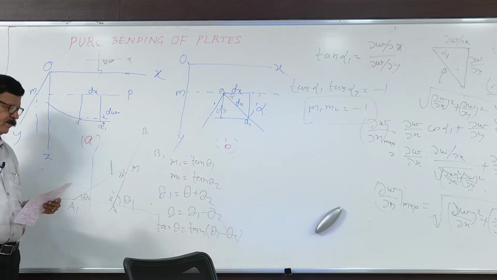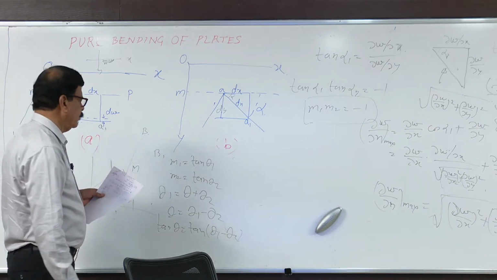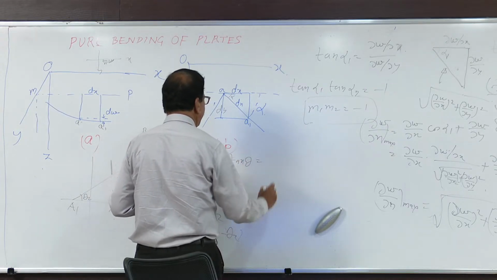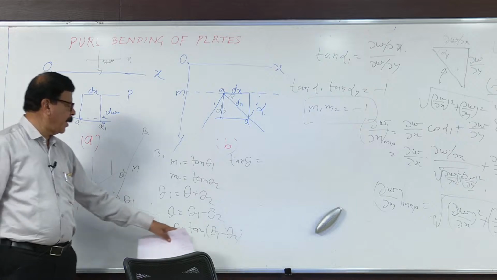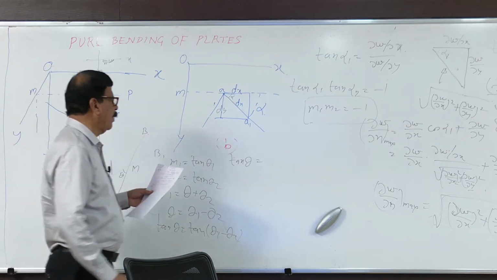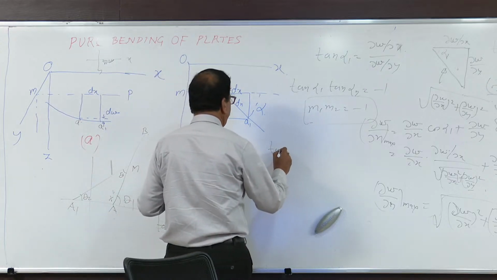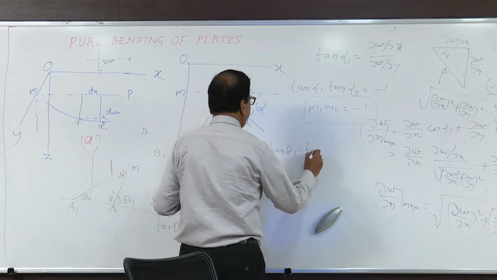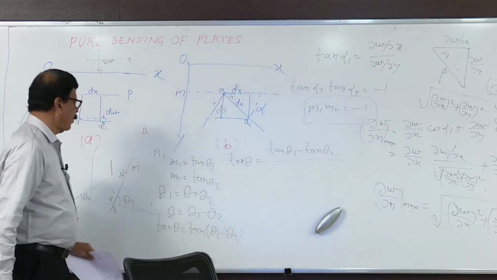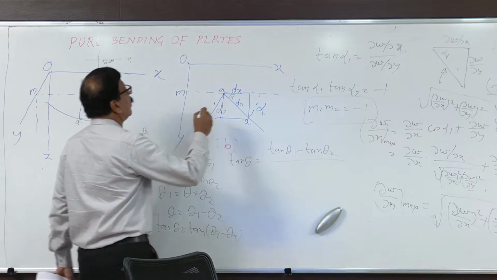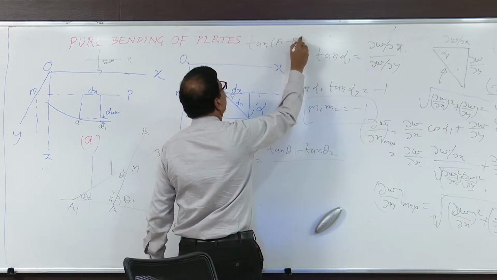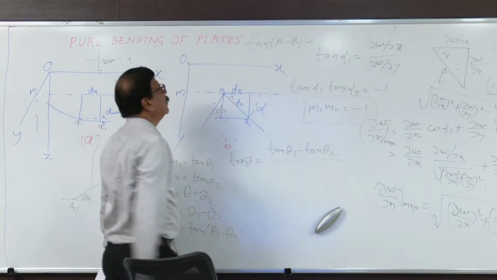Tan A minus B will be... the formula for tan A minus B. There is some formula for tan of A minus B angle.